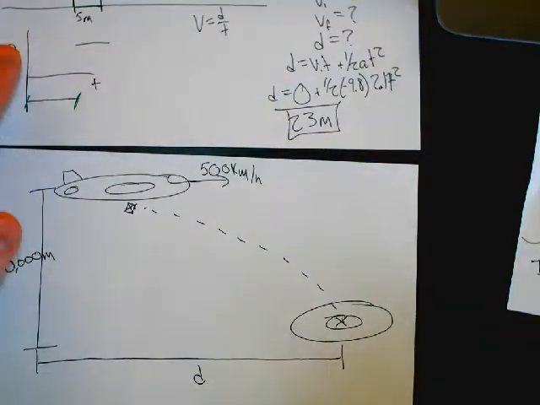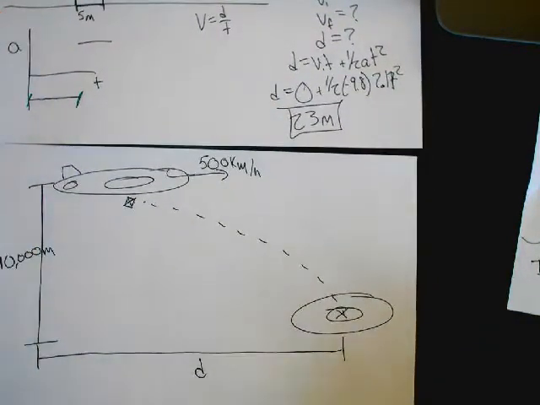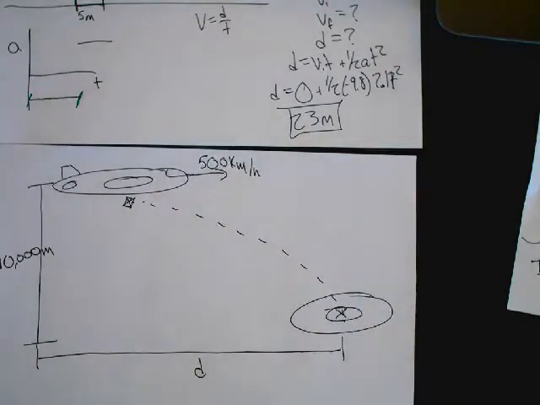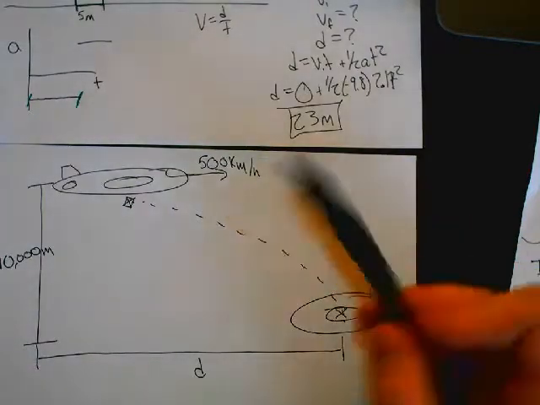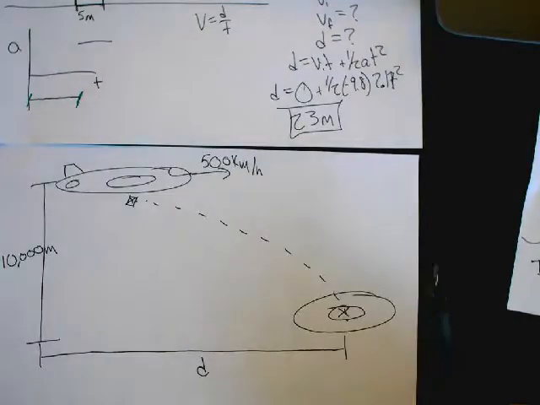Okay. A crate is dropped from the plane and needs to hit our target exactly here. We want to know how far in advance, what distance from the target do you need to drop the box out of the plane?